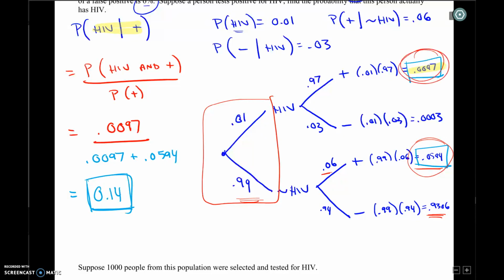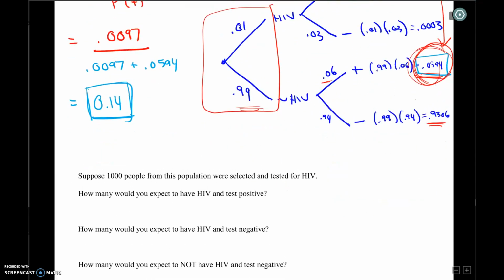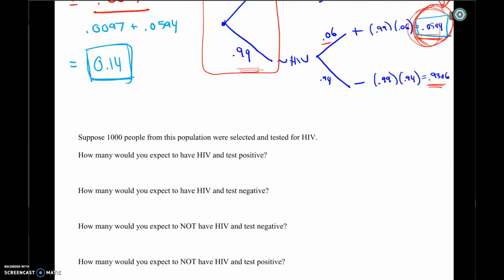Because so few people have HIV, the ones that test positive, even though there's a very high chance that you test positive if you have it, become a little less than 1%. But because there are so many more people without HIV, there's a pretty good chance that if you test positive, you're probably in this group, and thankfully not in that group. Okay? Suppose 1,000 people from this population were selected for HIV testing.